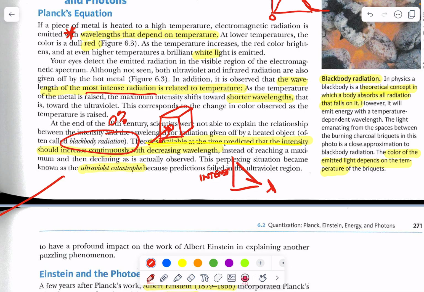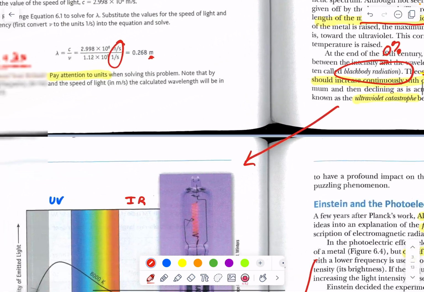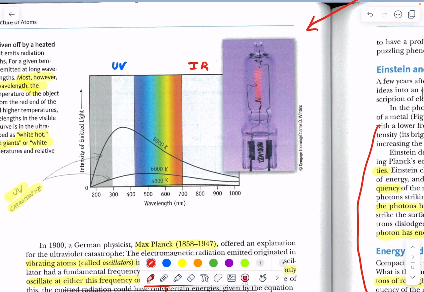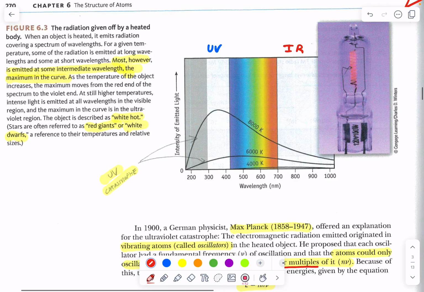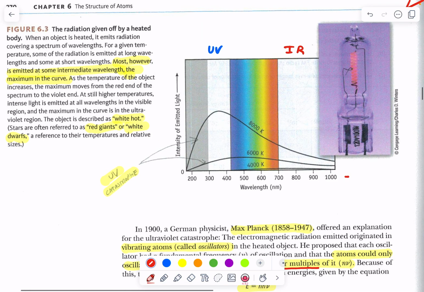So instead, let's come over here and look at a much better graph. So here's my wavelength down here. And here is the intensity right there on the y-axis. And as the wavelength gets smaller and smaller, the frequency is going to be getting bigger and bigger.